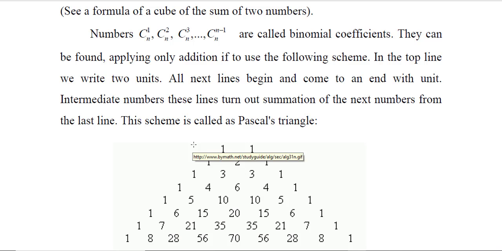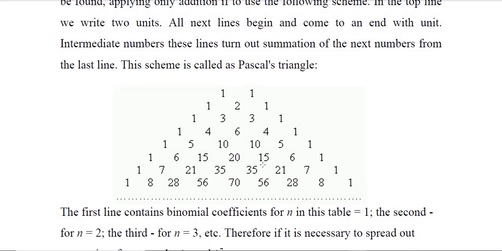The numbers in between in these lines turn out from the summation of the neighboring numbers from the previous line. The scheme is called Pascal's triangle.